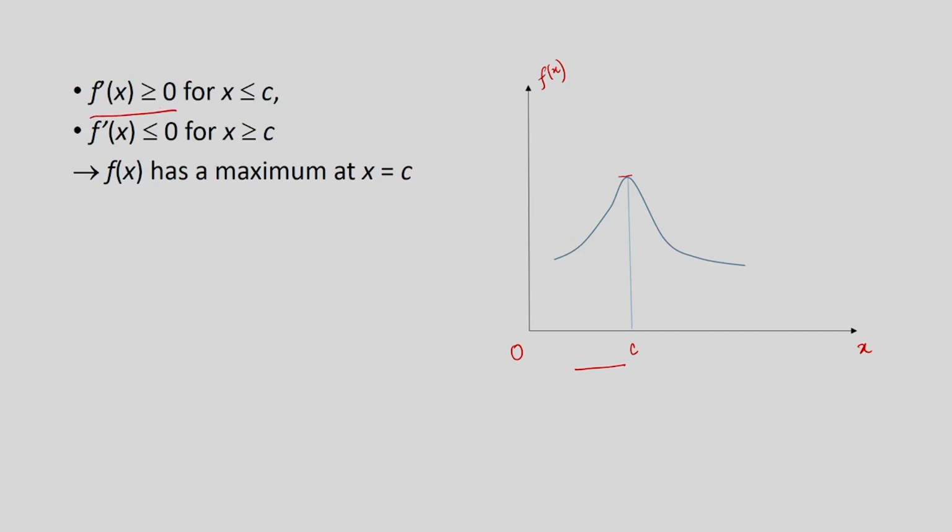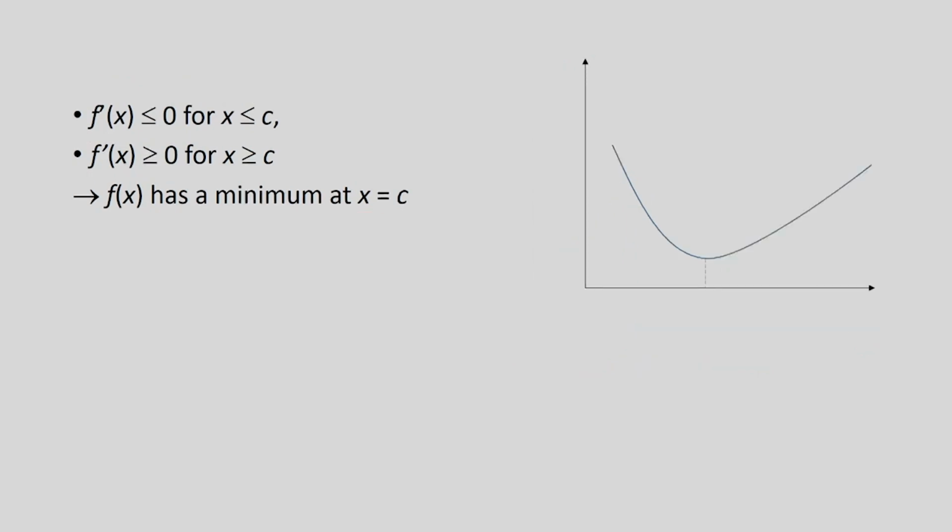In this case, actually it is strictly greater than 0. Or if you are taking points to the right of c, then f dash of x is less than or equal to 0. In that case, we are getting a maximum at x is equal to c. So, this could be one way to find out the maximum.